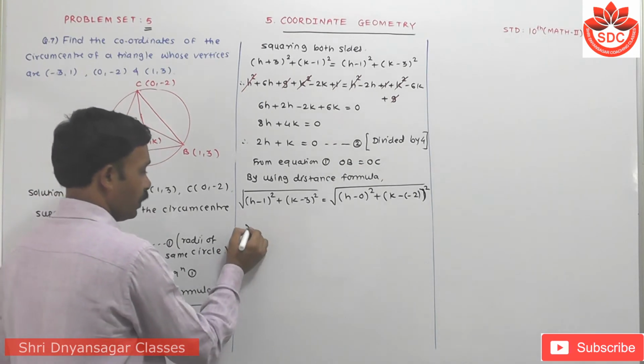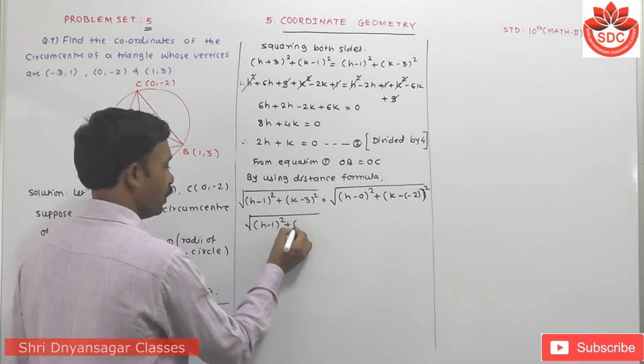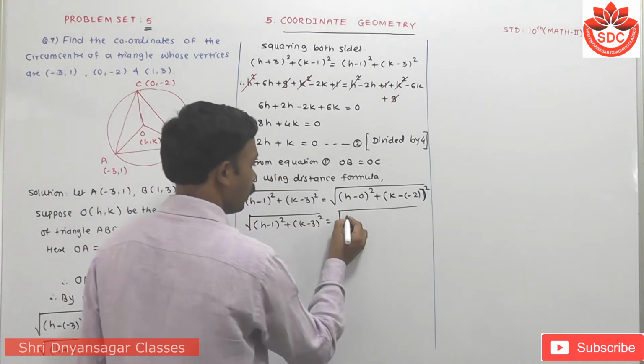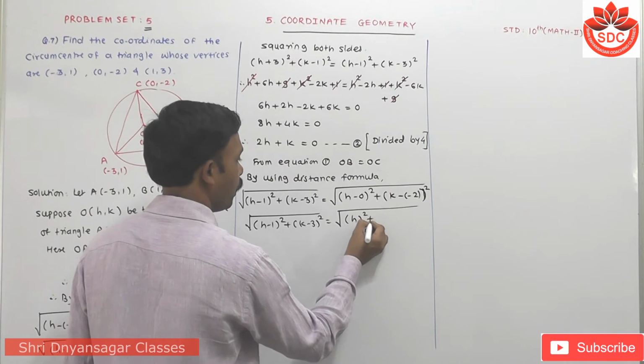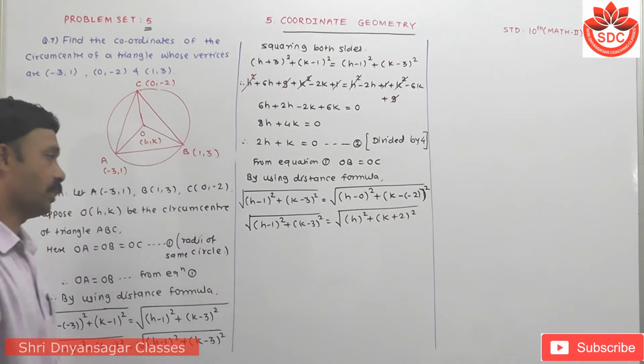Then again I have to write one step here. (h − 1) whole square plus (k − 3) whole square is equal to h minus 0, means h square, plus (k + 2) whole square, minus minus plus.